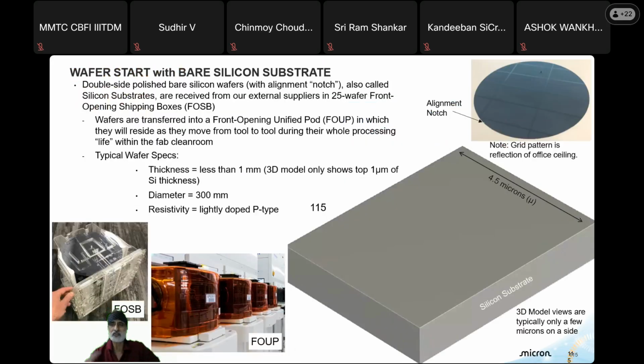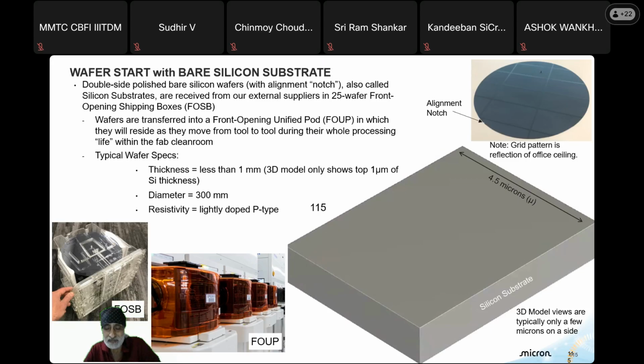So the first step is starting the wafer. Whatever the node, whether it's 40 nanometer, 20 nanometer, or 30 nanometer, normally the first step is to grow a base oxide. This is a silicon substrate, and we will grow an oxide.